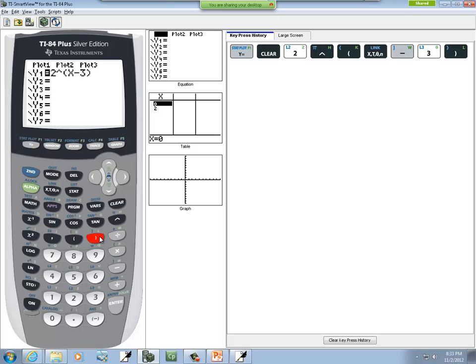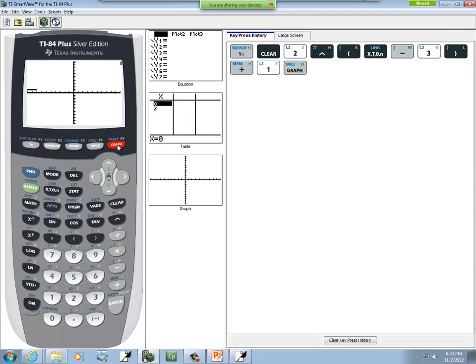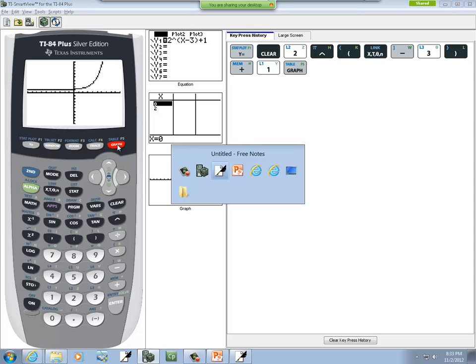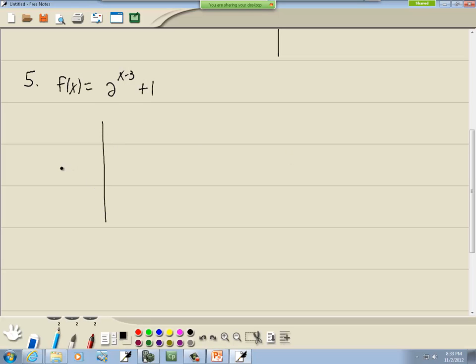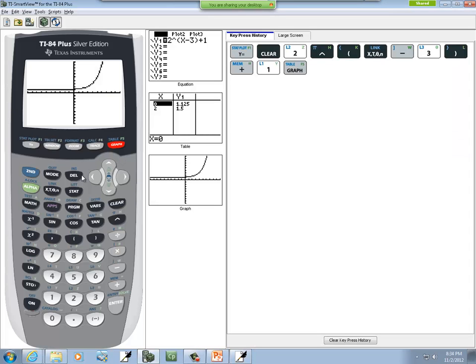So that's why I'm putting parentheses around x minus 3. And then I put in plus 1, and then graph. And that gives us our answer. Now let's sketch it. Not great, but I'm not very good at sketching those.